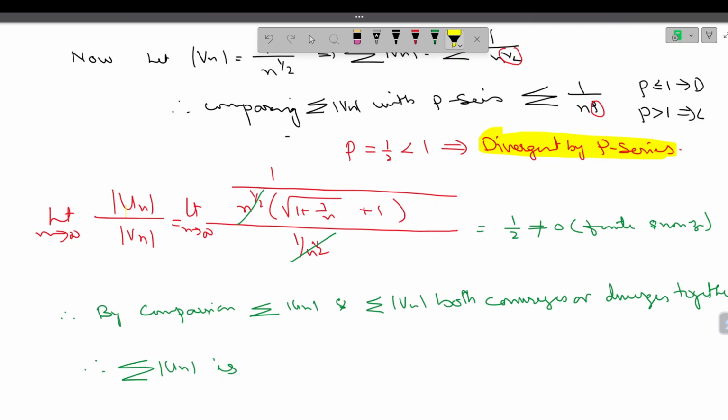After applying the limit, mod of un by vn is finite and non-zero, so mod of un is also divergent. How can you say? By the limit comparison test, or simply the comparison test.